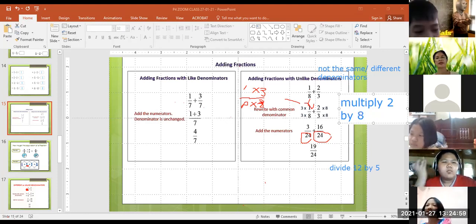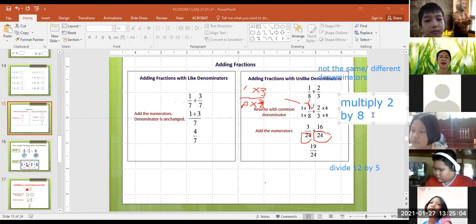You're going to multiply 2 by 8. So you get 16.